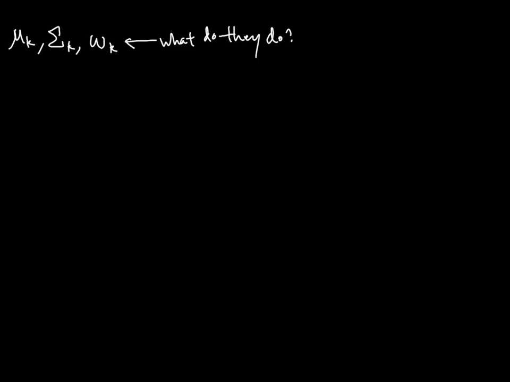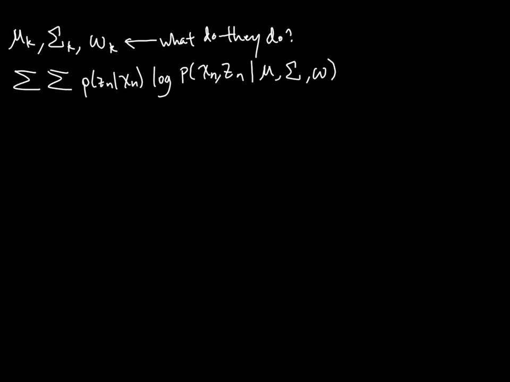Well, recall that our equation looks like this. I'm just going to draw it out very quickly. And then log p of xn zn, and now we're going to say this is going to have three parameters: mu, sigma, and omega, and then we're going to have the p of zn given xn here.